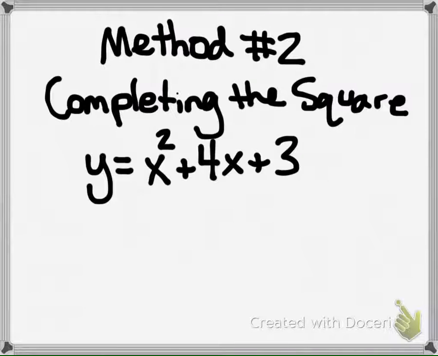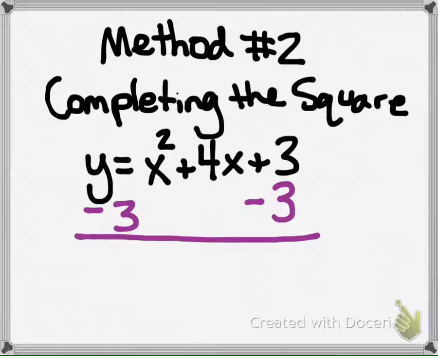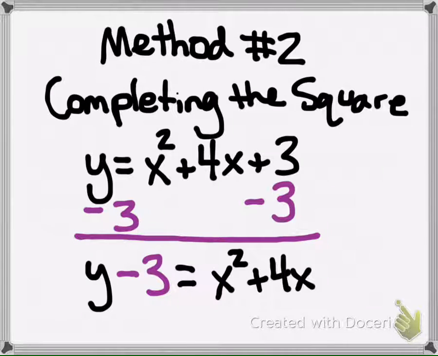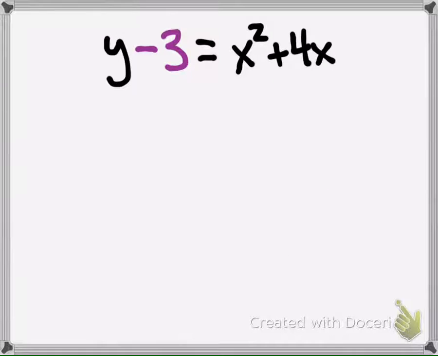So the first thing I'm going to do is get the x terms on the right side to be alone. To do that, I have to subtract 3 from both sides. I end up with y minus 3 equals x squared plus 4x. After I've moved the 3 to the left side, I'm going to factor out the a value from the right side, from both terms.